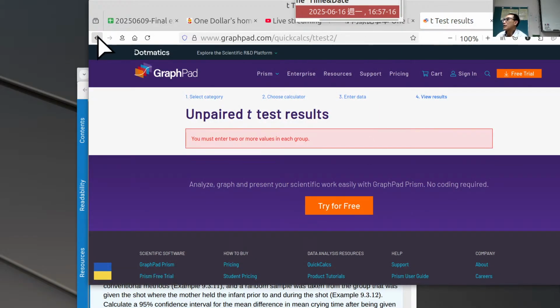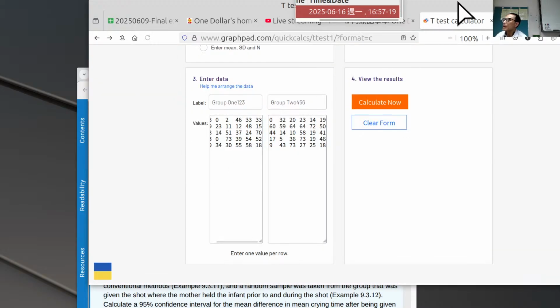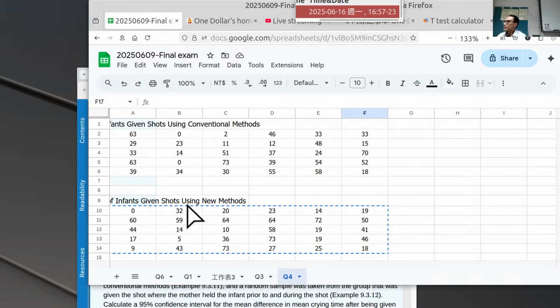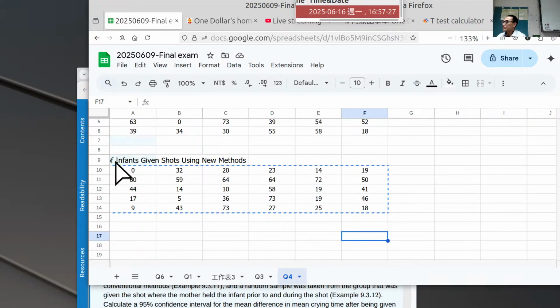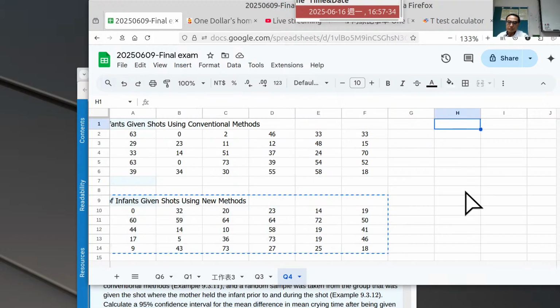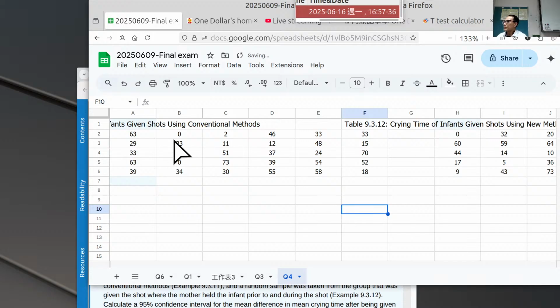Oh, okay, I need to change it a different way. I need to line up the data.